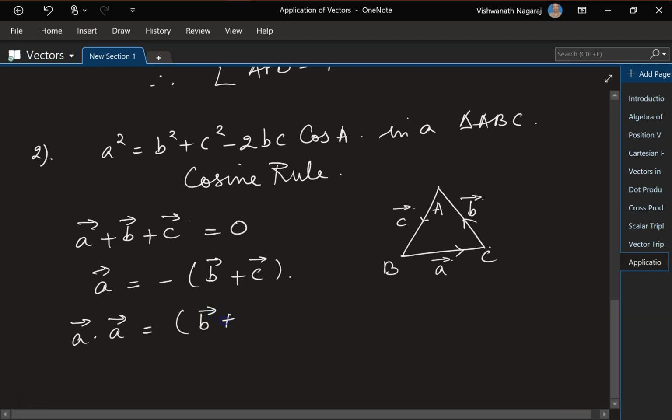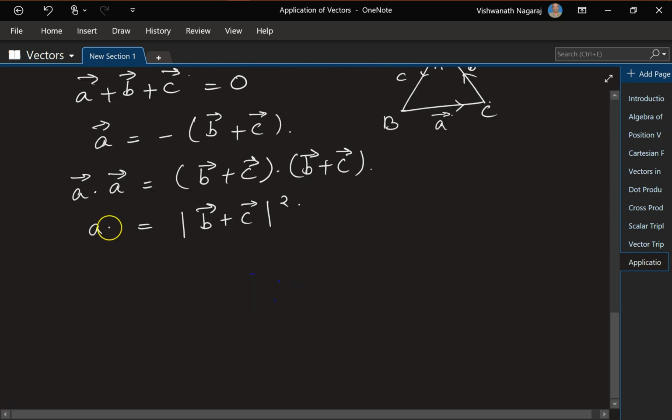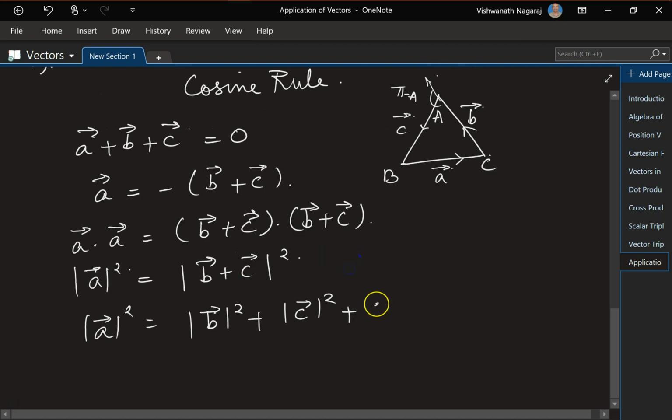So B plus C dot B plus C, which is equal to B plus C square, and this would be magnitude of A square. So magnitude of A square is equal to B square plus C square plus 2BC cos, the angle between the vectors.